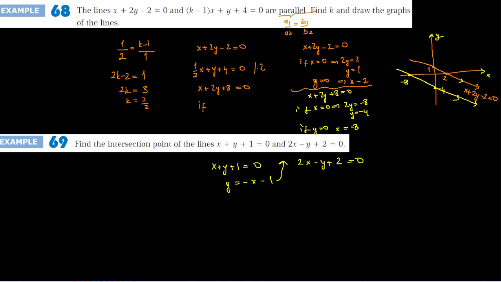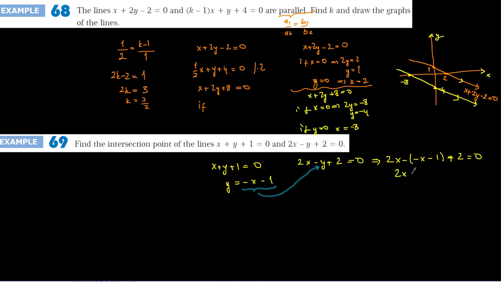Here, this expression I'm going to replace by this one. Then it should be like this: 2x minus, instead of y, I'm going to write minus x minus 1, plus 2 is equal to 0.